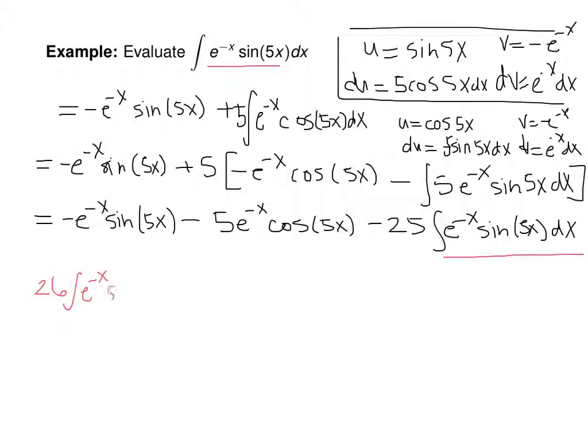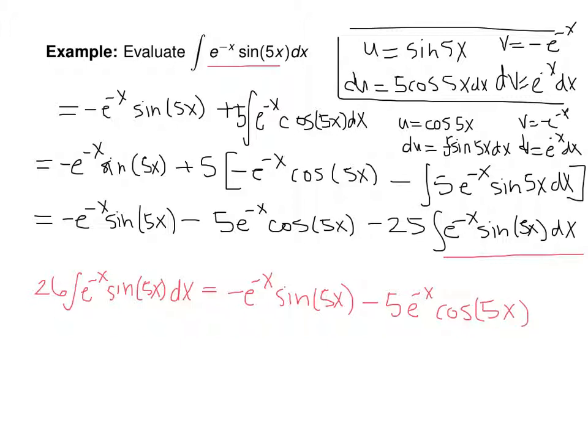negative x sine 5x dx equals negative e to the negative x sine of 5x minus 5e to the negative x cosine of 5x. And now to find the antiderivative of e to the negative x sine 5x, we just divide by 26.